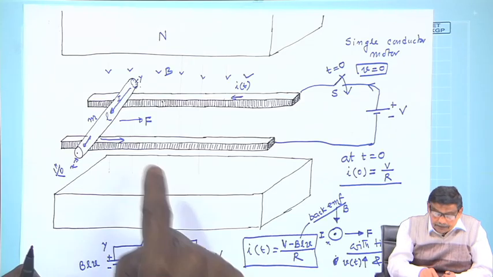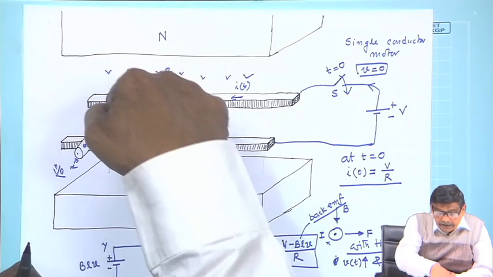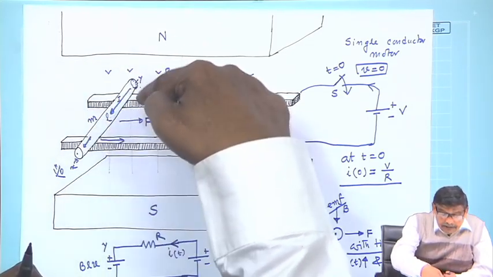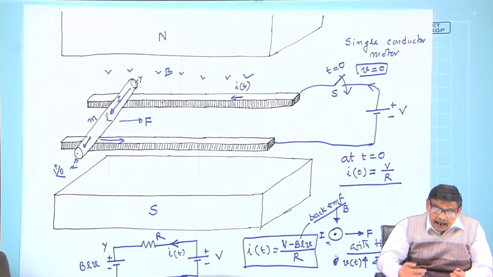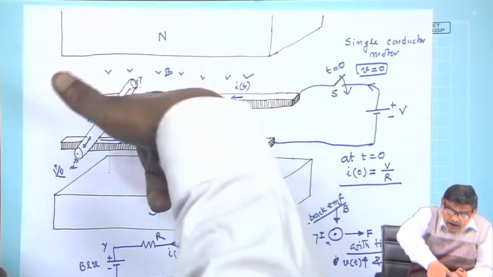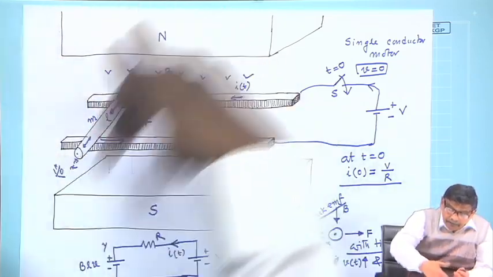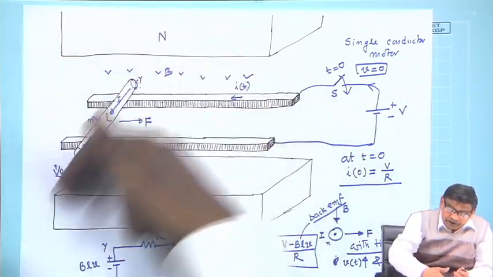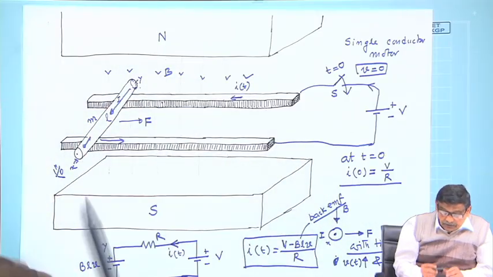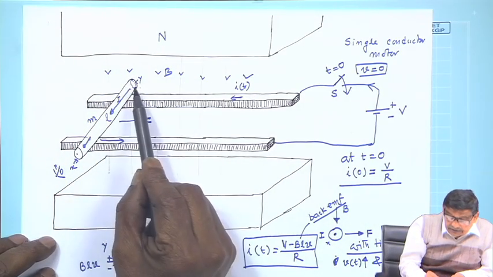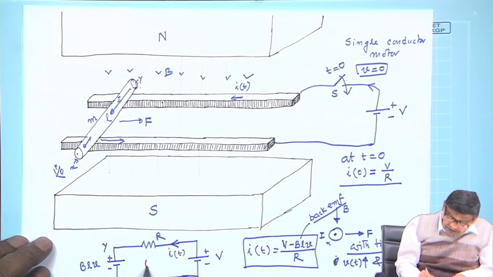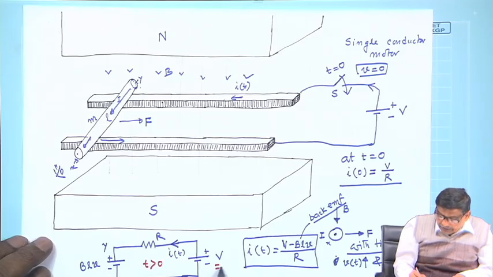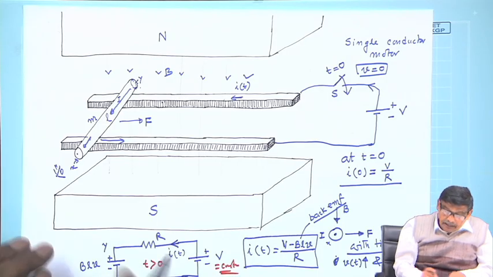It has a velocity, it has a B, it has got a length, therefore, it must have an induced voltage of magnitude B L v, and by applying the right hand rule I can find out the direction of the polarity of the induced voltage, which will be this side plus, this side minus. Therefore, this whole network for t greater than 0 is this. This is constant supply voltage.